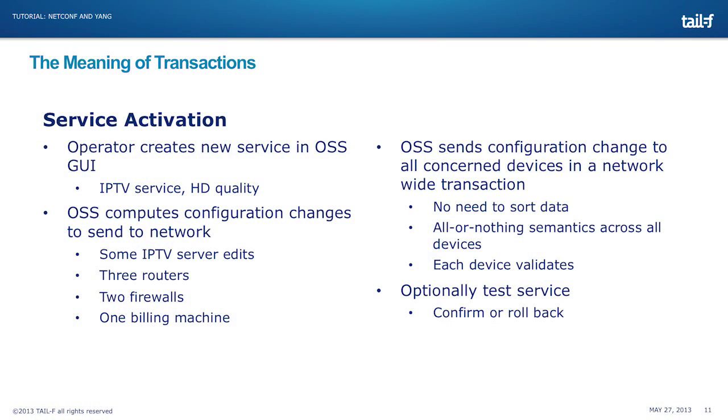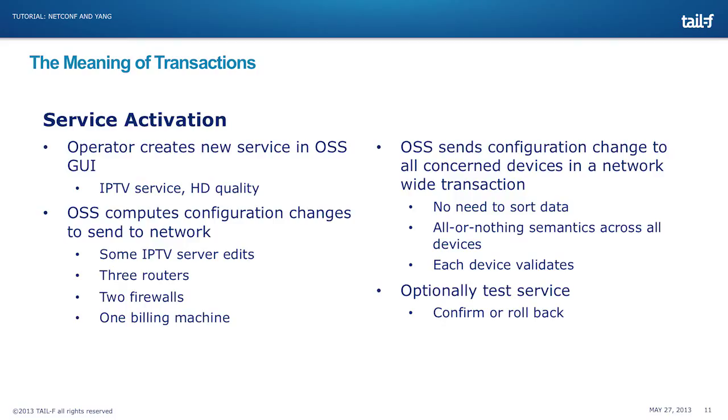So if we look at then how transactions get applied to service activation. Again, service activation is something that involves multiple devices in the network. The operator is going to create some new service at the OSS level.